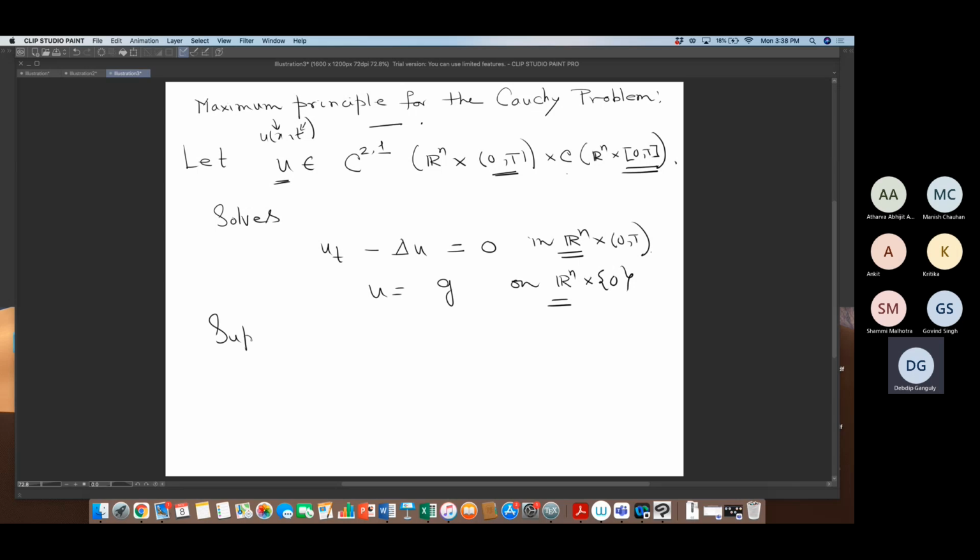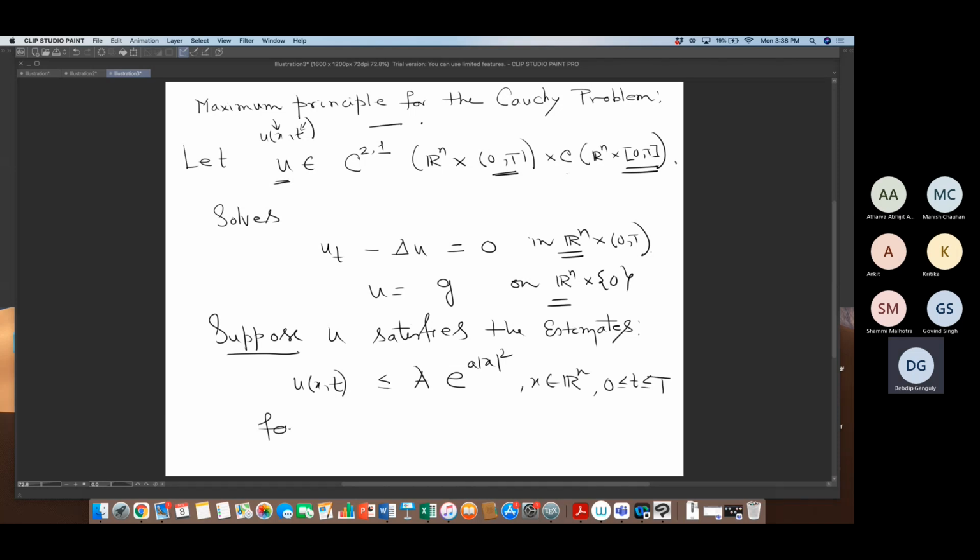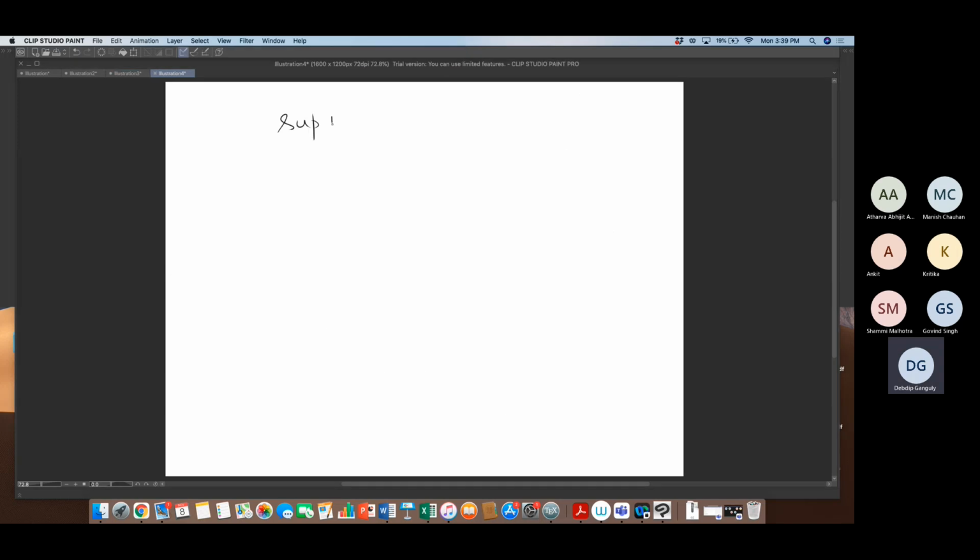And suppose this fact, which is a very important assumption: u satisfies the estimate |u(x, t)| is less than or equal to A e^(a|x|^2), for x in R^n and 0 less than t less than T, for some positive constants a and A. Then the supremum of the function u(x, t), which solves the PDE in R^n cross (0, T), is equal to the supremum of g in R^n. Is the statement clear? Just look at it.